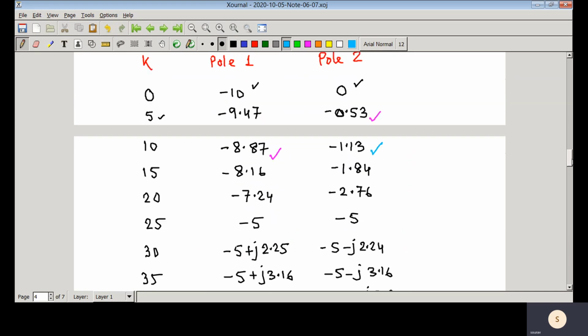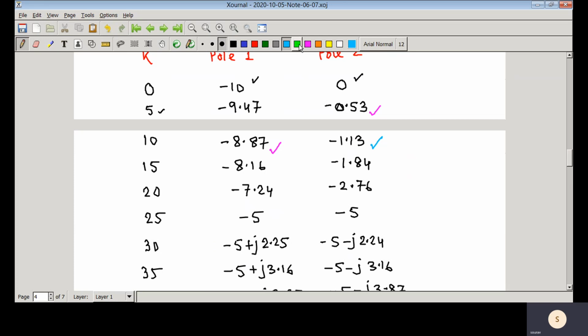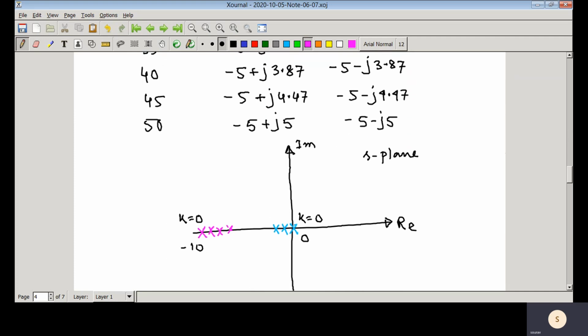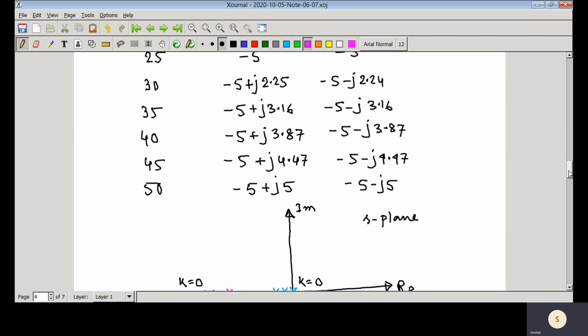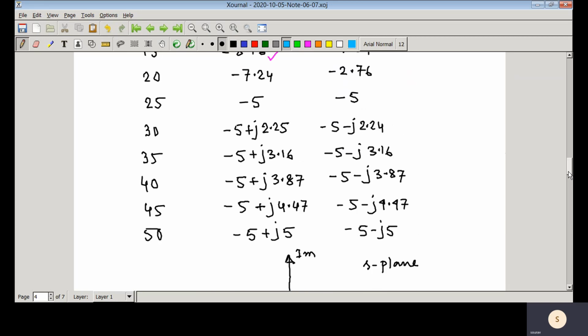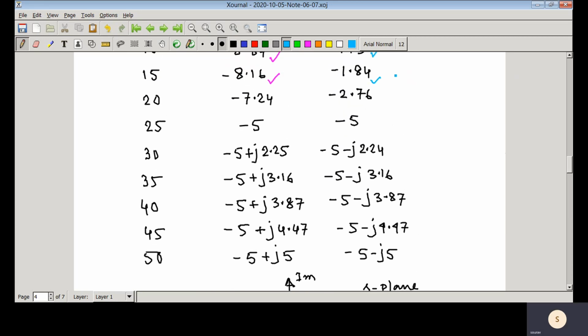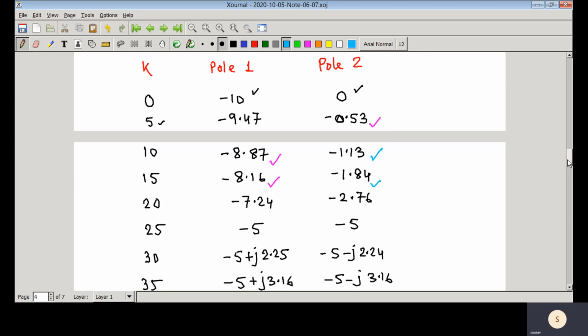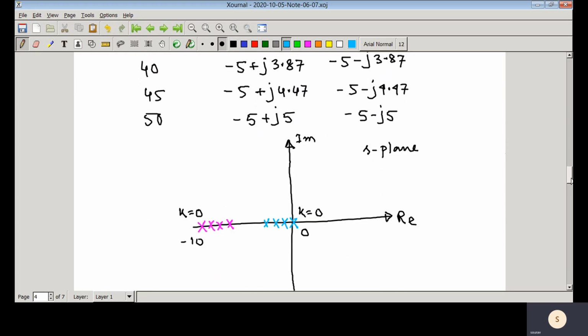Then again, if k equals 15, we can see minus 8.16, and the other one is minus 1.84. So like that, in this particular case, whenever k equals 25, both the poles are at the same location, minus 5 and minus 5.